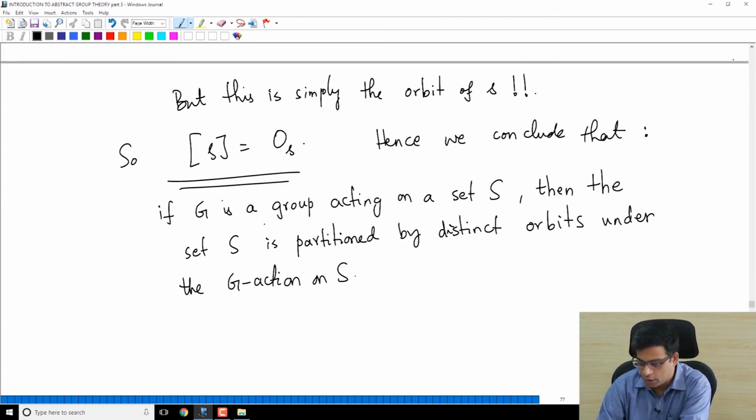If G is a group acting on a set S, then S is partitioned into distinct orbits by the G action on S.